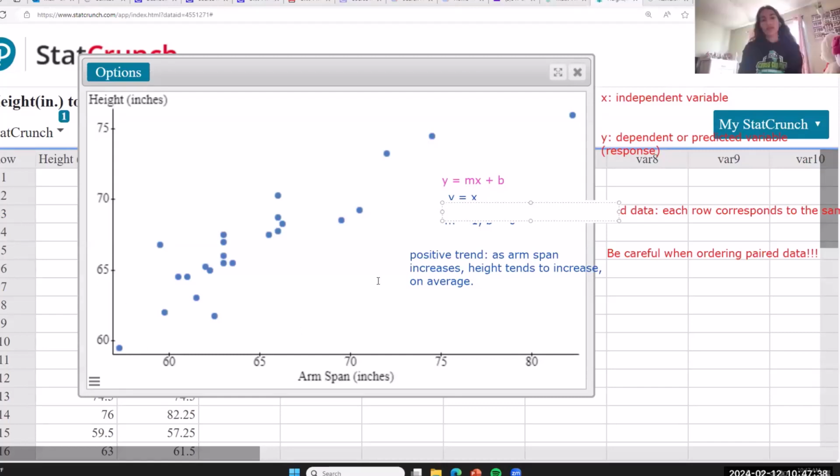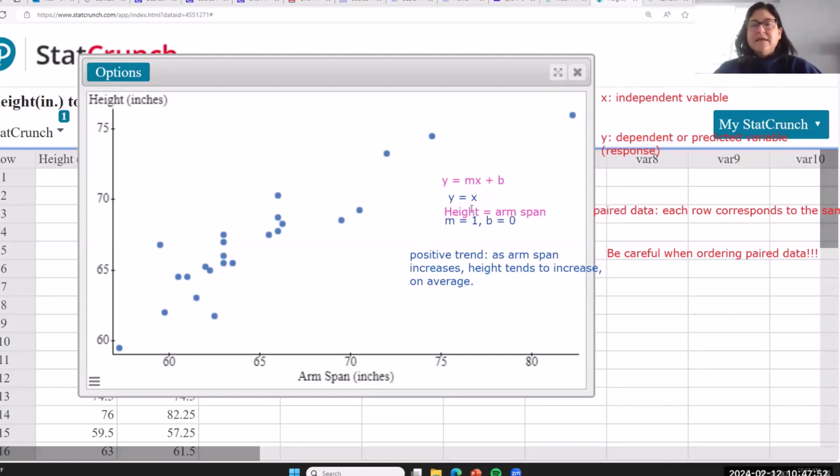The height. Okay, so we'd have the height is the same as, what does the x represent? The arm span. Both of them are in inches. Good. So if you're on the line y equals x, that means your height is exactly the same as your arm span.